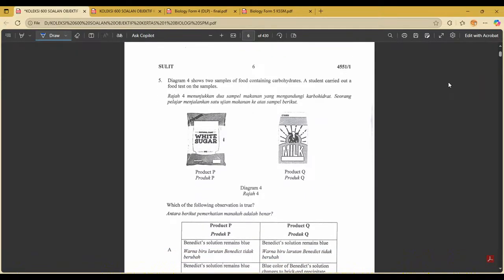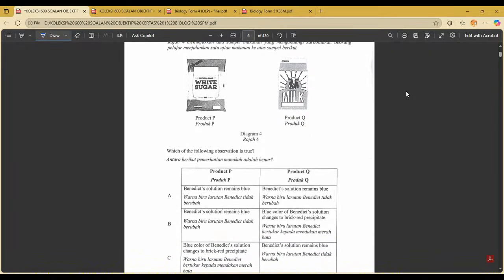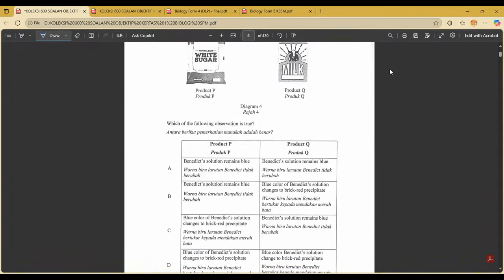Diagram 4 shows two samples of food containing carbohydrates. Which of the following combination of food? Benedict solution. Oh, this is about reducing and non-reducing sugars.